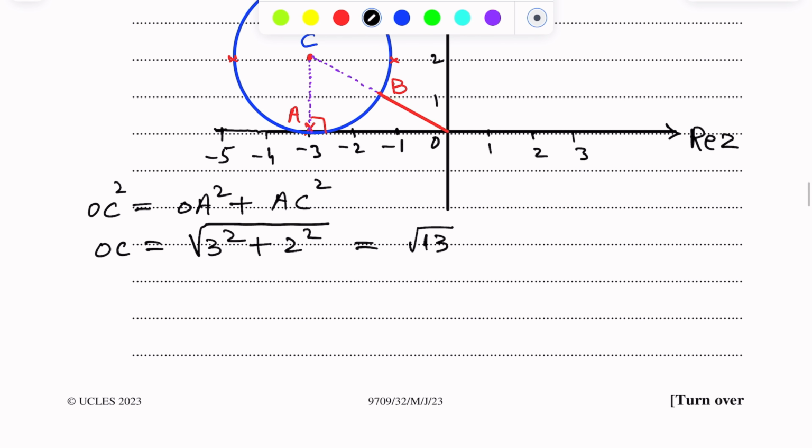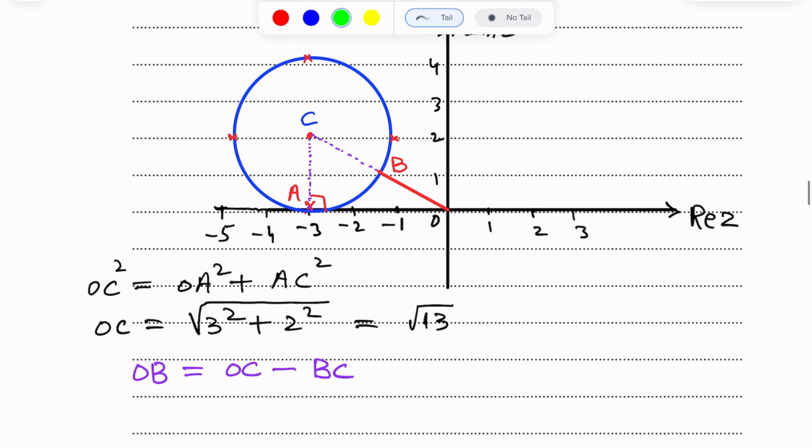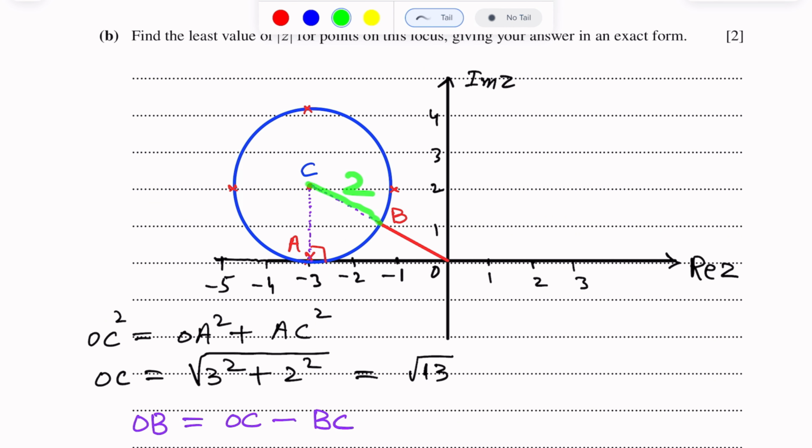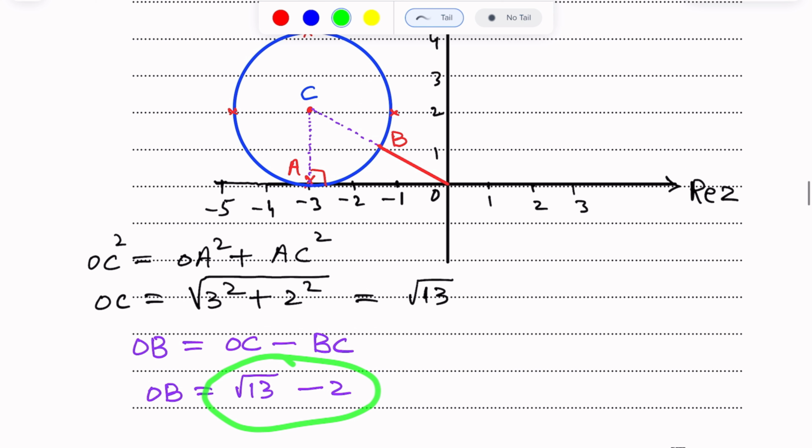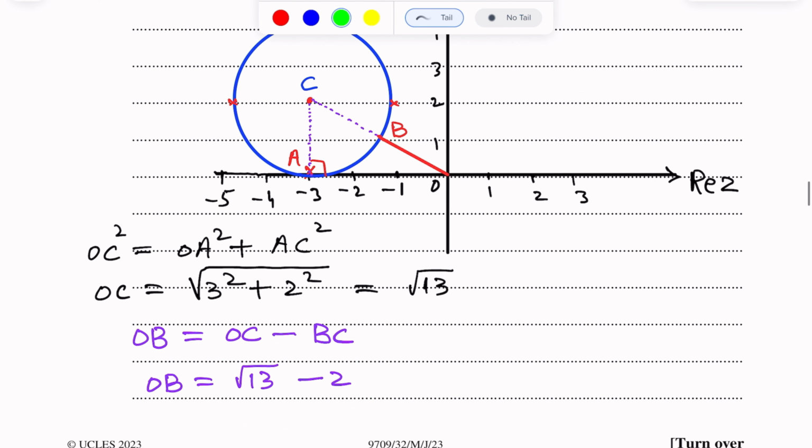OB will be OC minus BC. Again BC is the radius of the circle, that is 2. So OB is equal to root 13 minus 2. OB shows the least value of modulus of z.